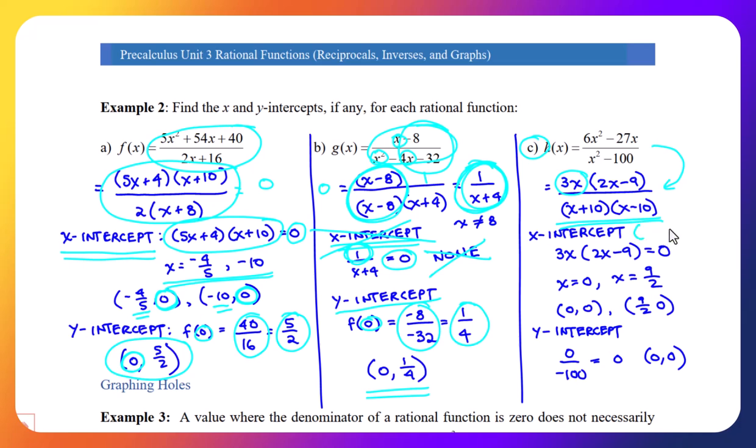To find the x-intercept, y is 0, and for the fraction to be 0, the top has to be 0. So for x, and I have two x-intercepts. To find the y-intercept, we plug in 0 for x, and we see that we have 0 over negative 100, which is 0. And that's our y-intercept.